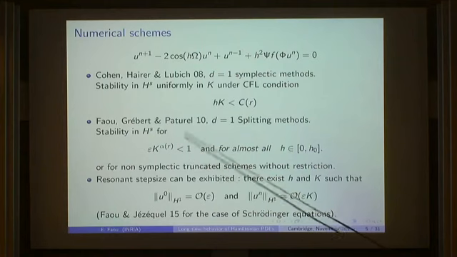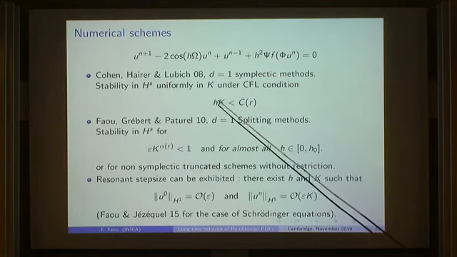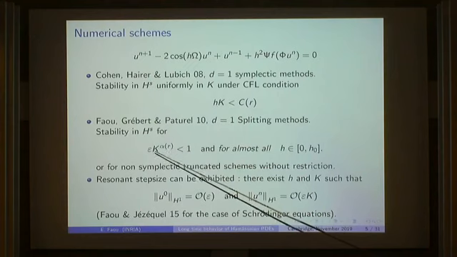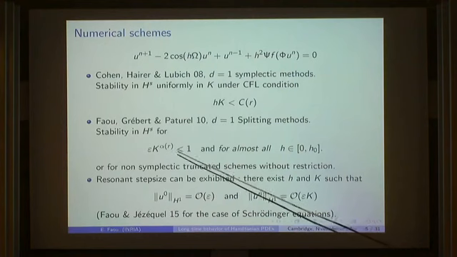Either you change the restriction on H to a restriction on epsilon, so a CFL on epsilon, but with an alpha depending on R. But now it does not hold for all H, but for almost all H. So you can have resonances for very specific time steps.